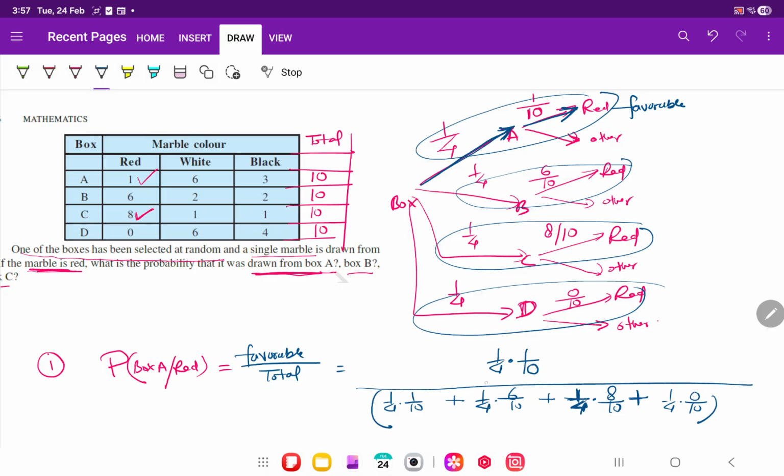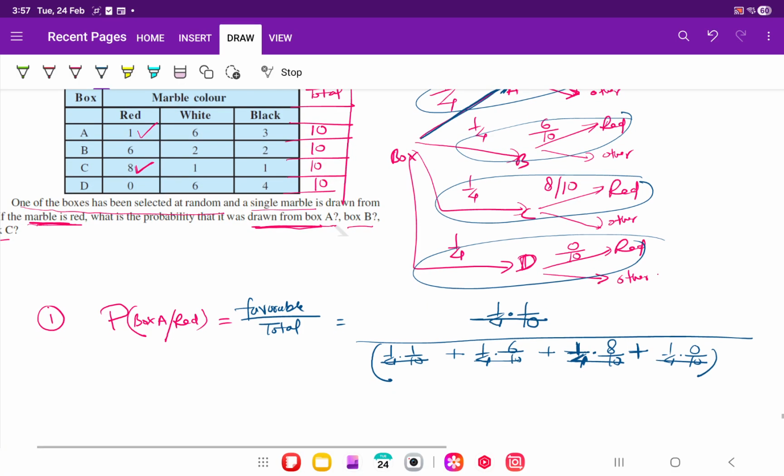So let's solve it. 4 into 10 is cancelling, because in the denominator this is all the same. So we will get 1 by 1 plus 6 plus 8 plus 0, correct? This is 0. This is 1 into 8 is 8. 1 into 6 is 6 and 1 into 1 is this.